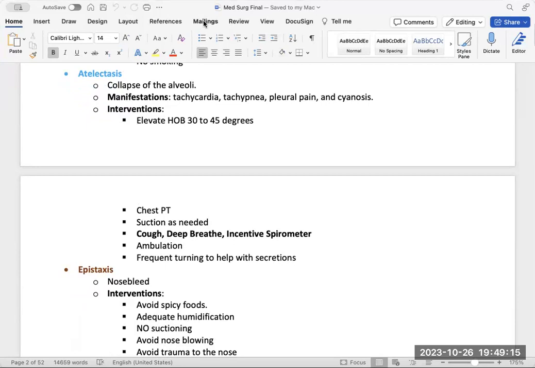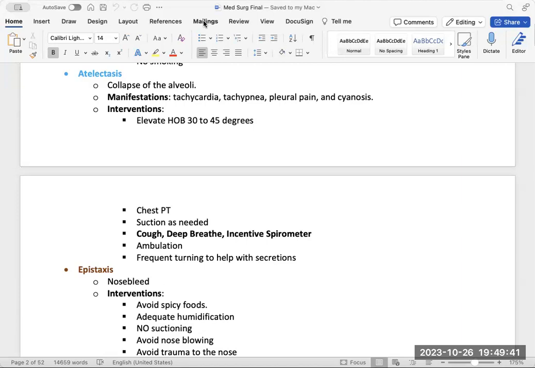It's going to cause pain in that area because they're not being highly perfused. And the cyanosis is a result of the lack of oxygenation going through the body because there's not proper gas exchange at the lungs. Now, interventions: elevate the head of the bed, chest PT, suctioning, cough, deep breathing, incentive spirometer, ambulation, turning them to help with secretions.